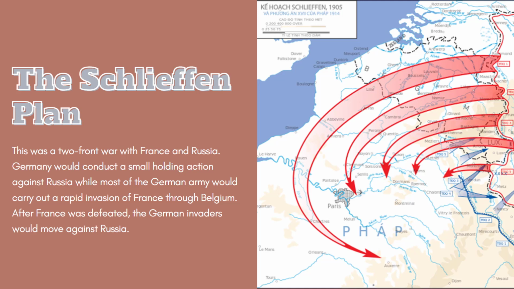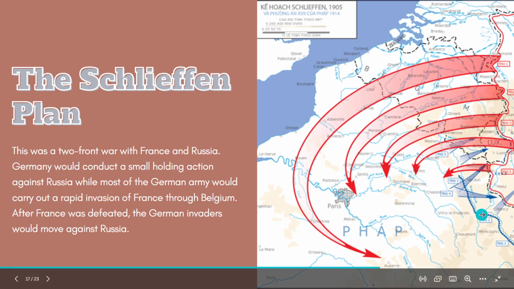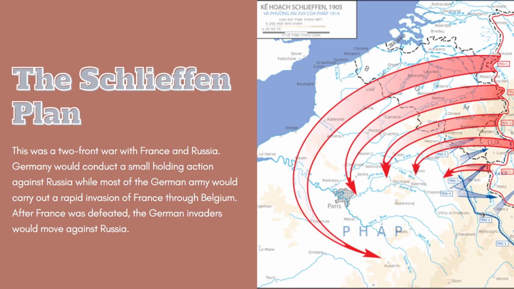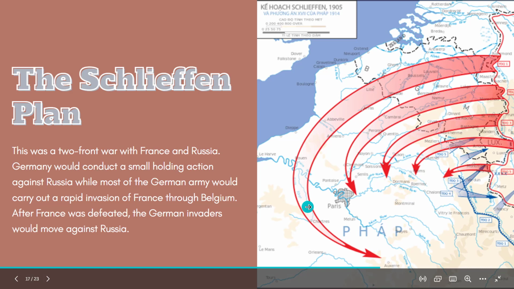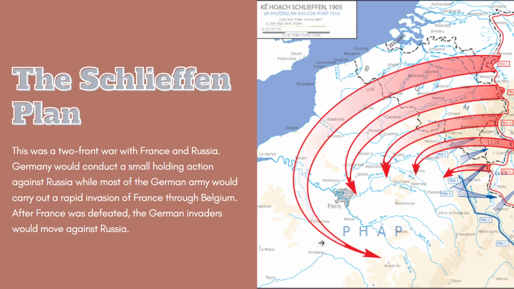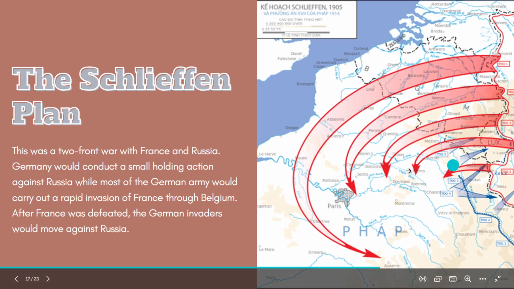After France was defeated, they could circle around and get into Russia. So, of course, they're fighting France on one side, but they also have to contend with Russia on the other side. Once we go through our maps, or if you have a map in front of you, you can see how they were going to circle around.